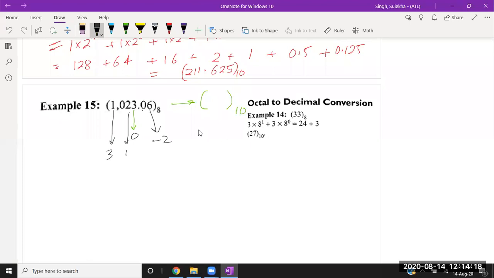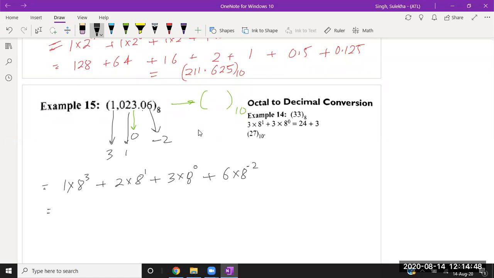After knowing the location and leaving the 0, we can write the conversion in this way: 1 into 8 to the power 3, because this is base 8, plus this 2 into 8 to the power 1, plus this 3 into 8 to the power 0, plus this 6 into 8 to the power -2.